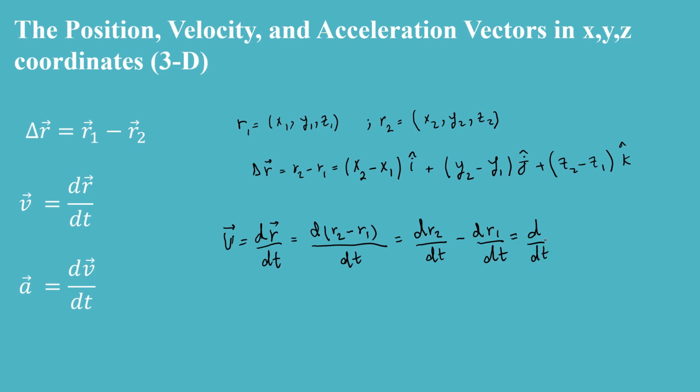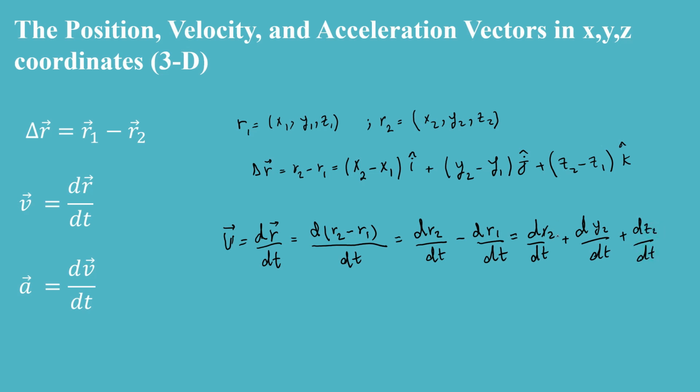My r2 has three different coordinates, x2, y2, and z2. So it's going to be dx2/dt plus dy2/dt plus dz2/dt.